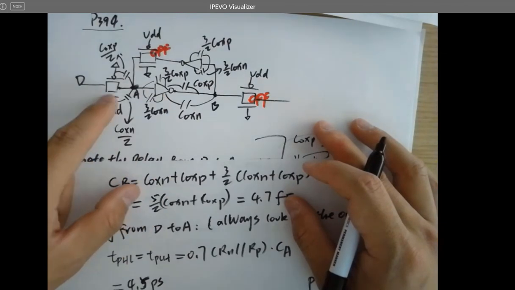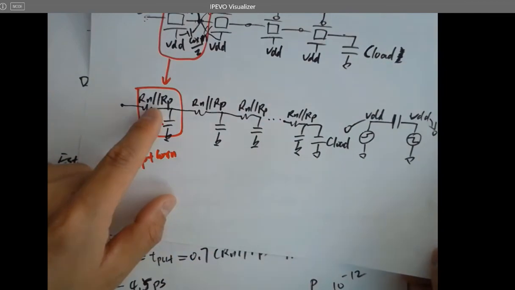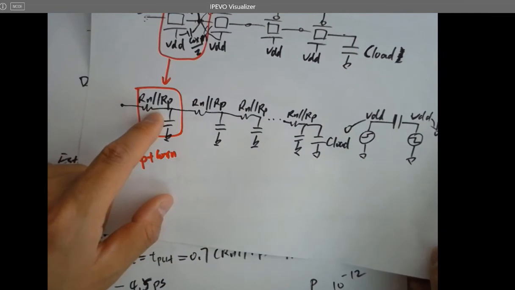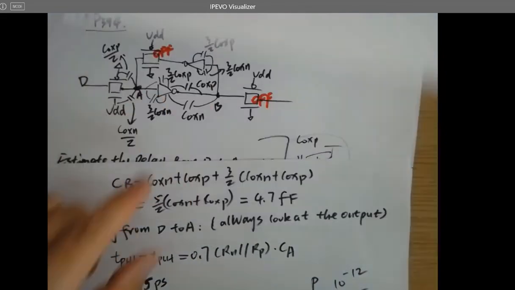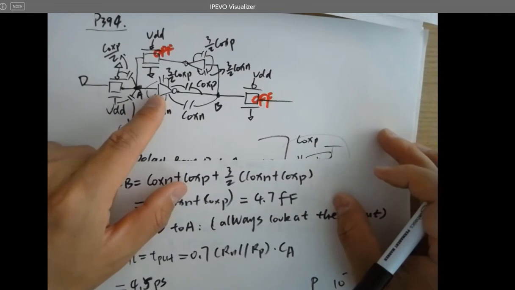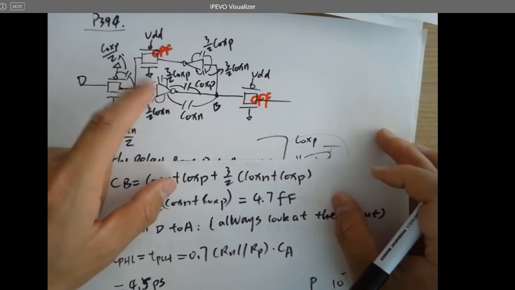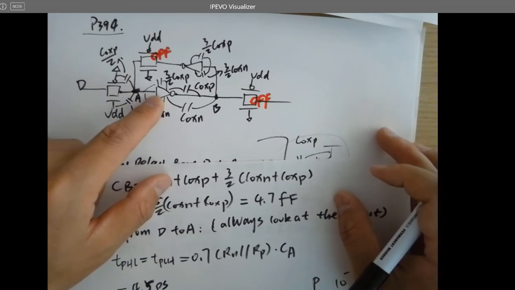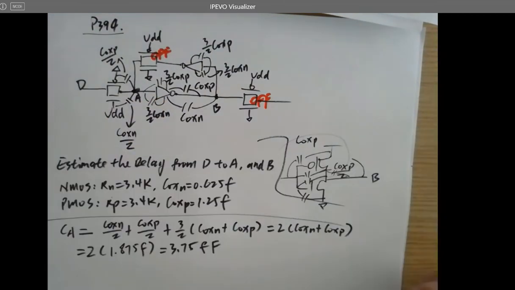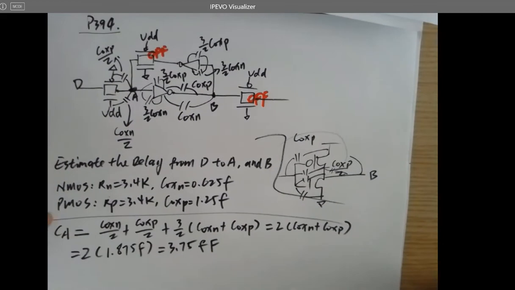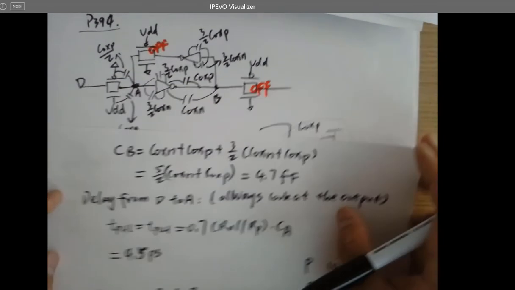Yes, of course, it's being shorted to the transmission gates, and we model the resistance as the parallel resistance of the two channels. But it's also shorted to the input of the inverter. Why are we not taking care of either Rn or Rp for the rising and falling delays? Why is it different compared to here?